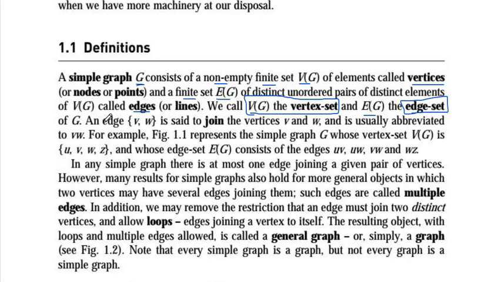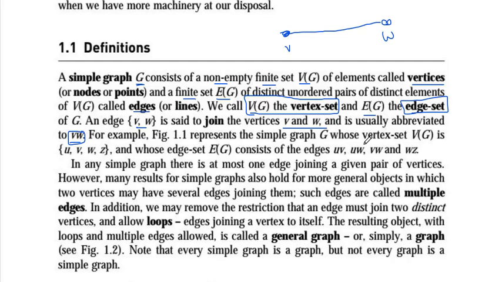So an edge, let's say VW, is said to join the vertices V and W. Let's say we have two points V and W, and this edge line joins V and W. So edge VW is said to join vertices V and W, usually abbreviated to VW. So we have to write down edges like this.